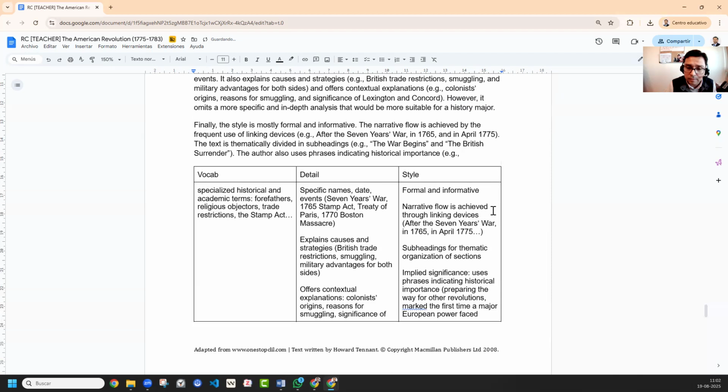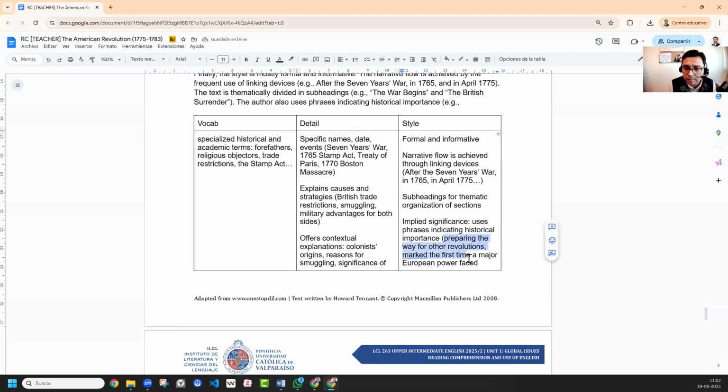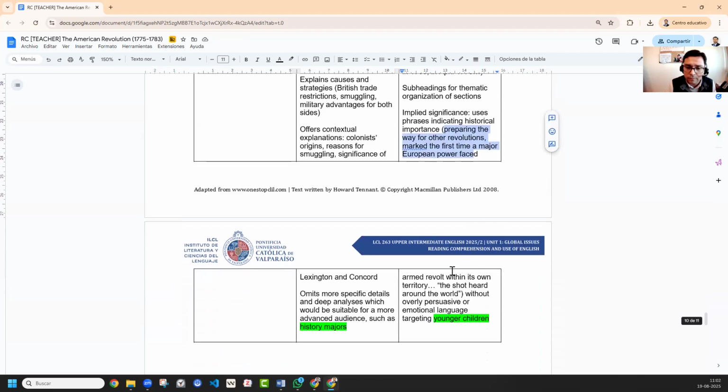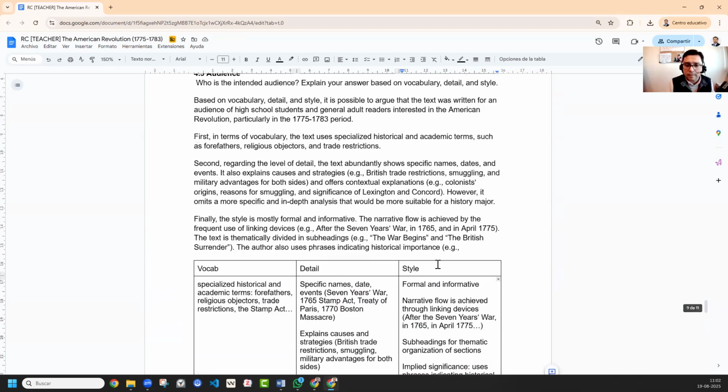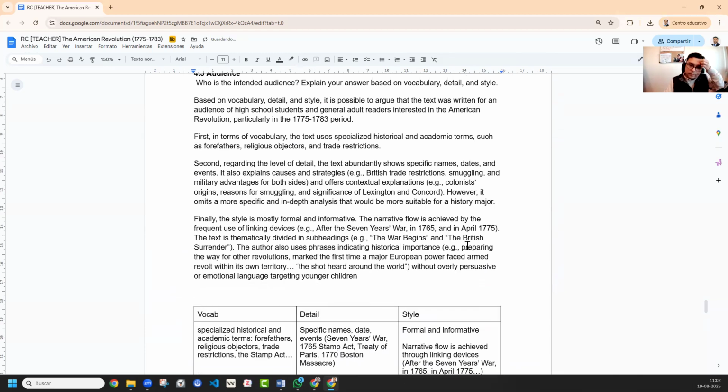For example, I will just copy all of that and we'll put it here: for example, preparing the way for other revolutions, marked the first time a major European power faced armed revolt within its own territory. We're going to use quotes in all of them in order to avoid confusion.